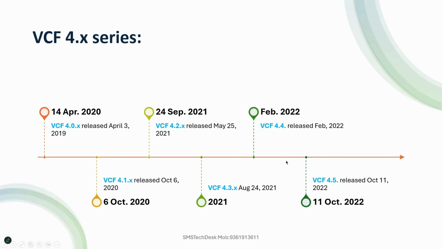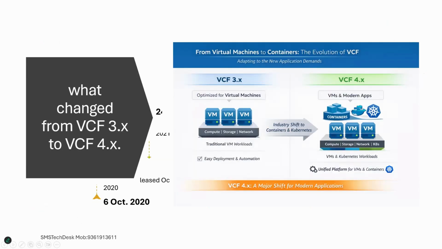So now let's try to understand what changed from VCF 3.x to VCF 4.x. VCF 3.x was already a very good platform for running virtual machines because deployment was easier, automation was there, and infrastructure teams were comfortable managing workloads. So for traditional VM-based workloads, it was working perfectly fine.